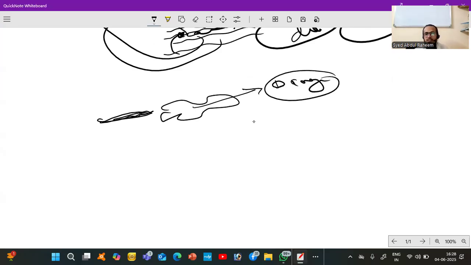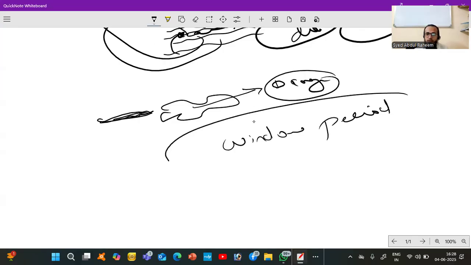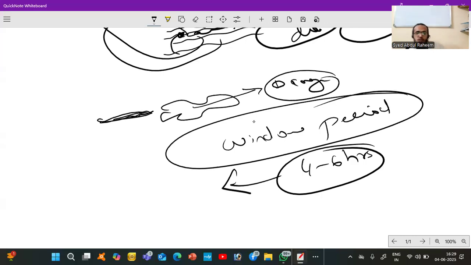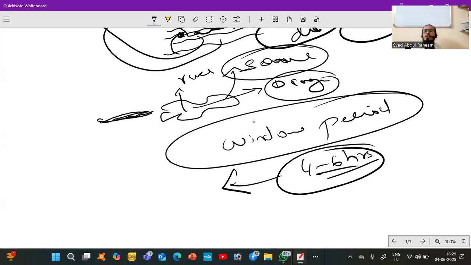We discussed that there is a window period, according to allopathic doctors, of 4 to 6 hours. If you treat the patient within this window period, there is a high chance of recovery, or you can stop further issues and the patient becoming serious.